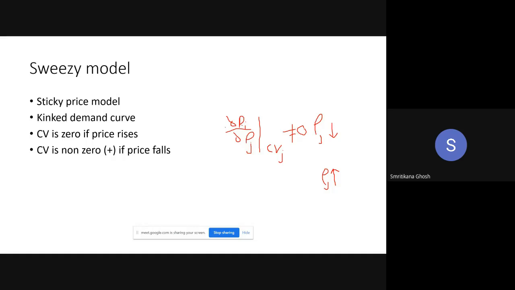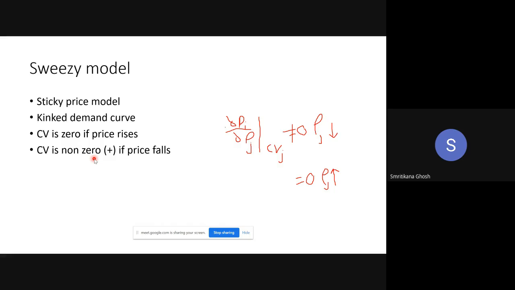So that means when P_j is rising, then del P_i is equal to 0. No one is following. Okay. So in that case, the conjectural variation will be 0. Now look at the third bullet. If price is increasing, then conjectural variation is 0. If price is falling, then conjectural variation is non-zero and it is positive.